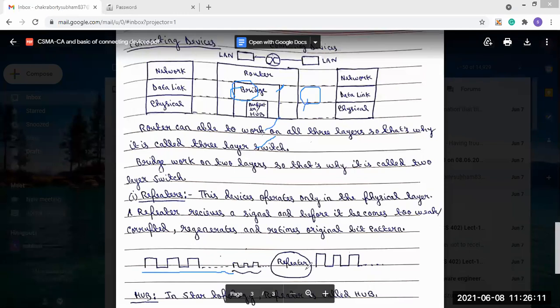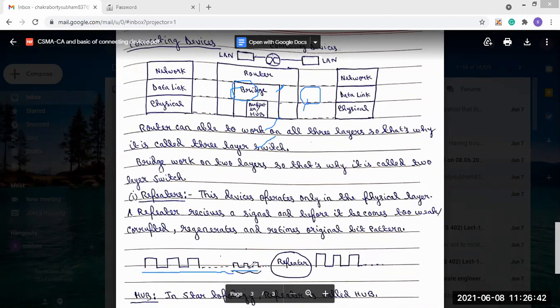Now there will be the repeater present, so this weak signal will go inside the repeater. Its work is to regenerate and retime the original bit pattern. So if the signal is weak or corrupted, the repeater will regenerate and retime the original bit pattern.